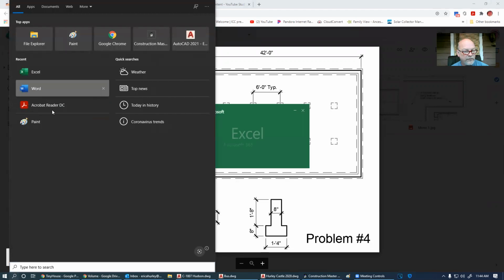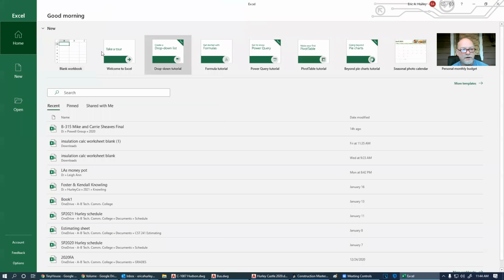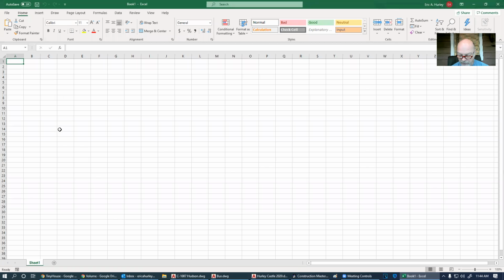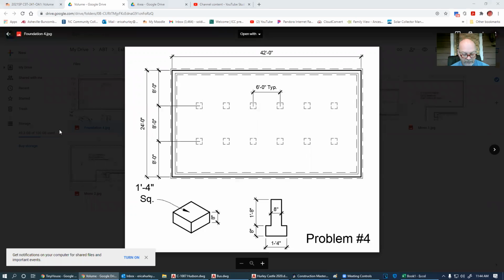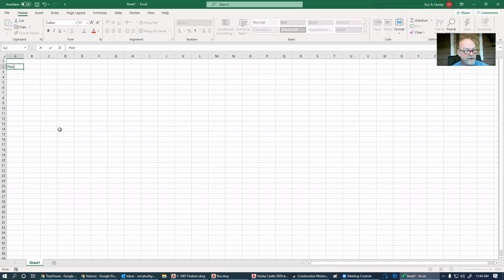Excel can help you do some of the addition and subtraction without having to put so much thought into it. So let's call these pier footings.